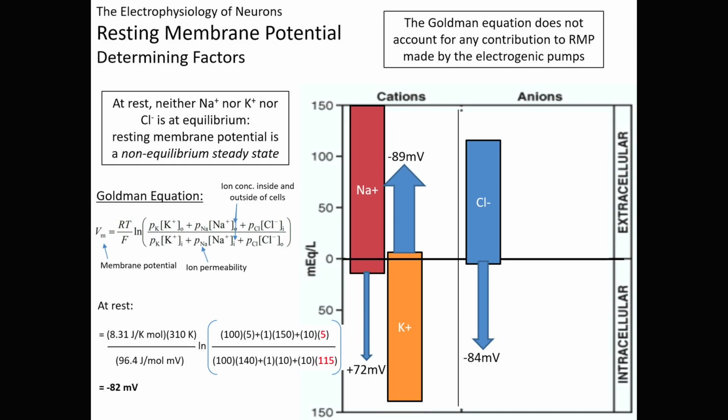But it's worth pointing out that let's say you were to do the math, you were to calculate the resting potential using the Goldman equation, using your known values of temperatures and permeabilities and ion concentrations, and you calculated a resting membrane potential that was way different from the actual measured value.